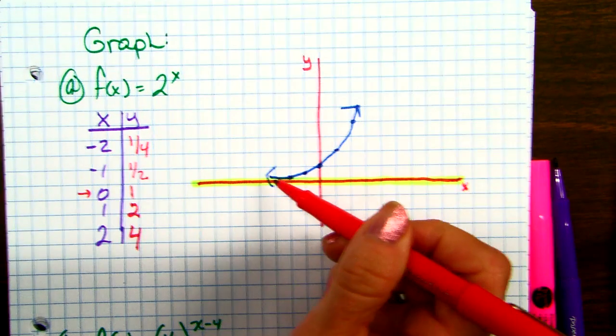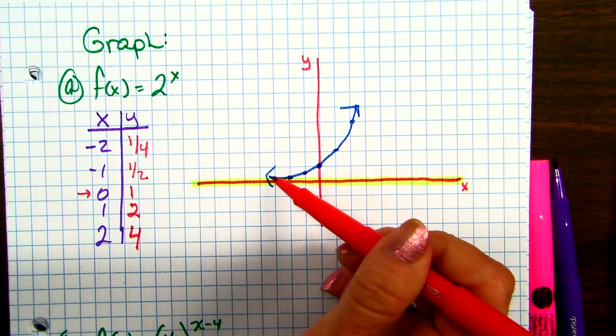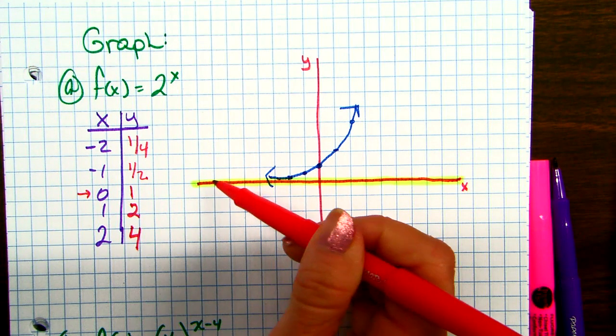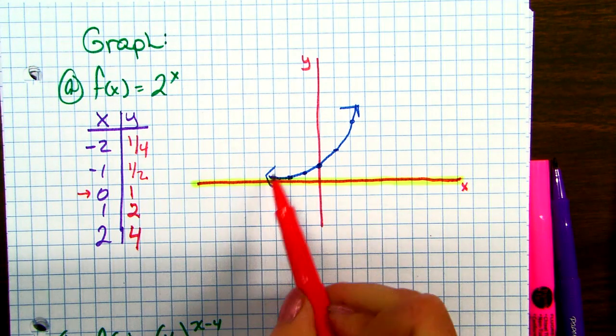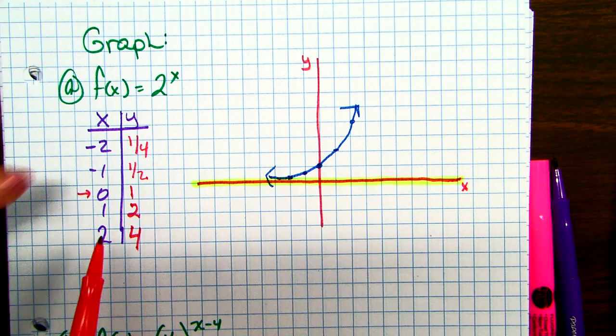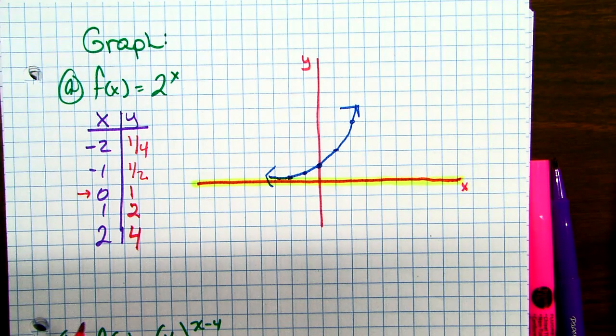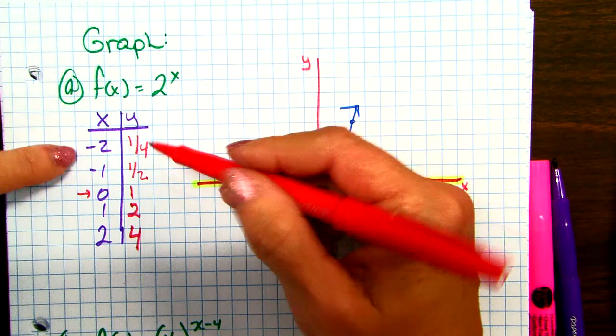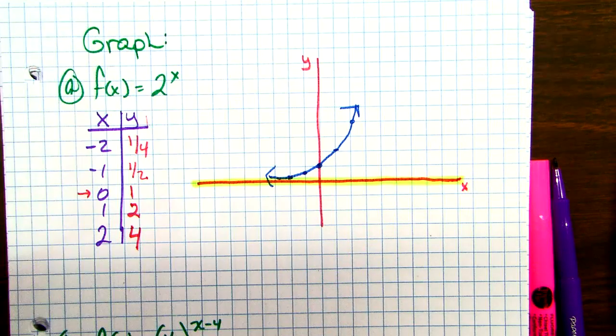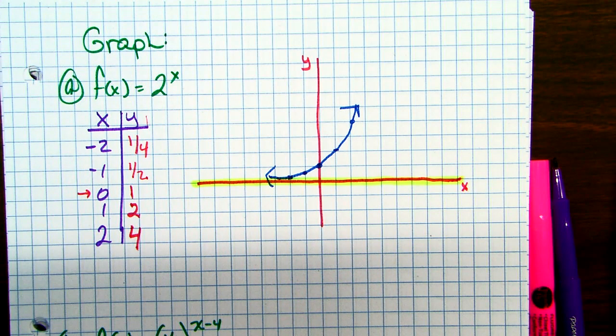Before I help you answer that question, this graph will keep going ever and ever to the left, hence the arrow, because I can pick any x value I want. The y values will get smaller and smaller to the point, like as I go more negative, the human hand can't graph it. But mathematically, you'll never reach 0.